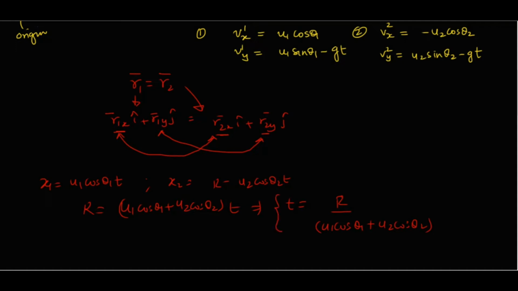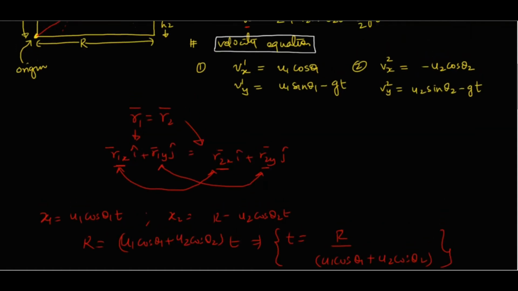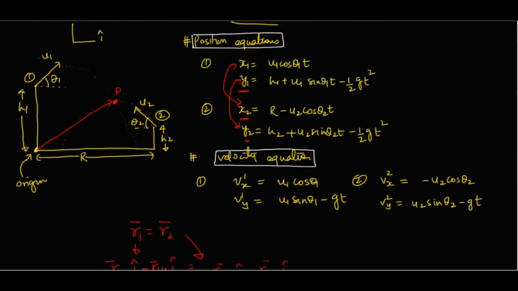Okay, similarly I'm going to equate y1 is equal to y2, and if you see this equation, equating these, this minus half g t square is going to be cancelled out from both sides, and again I'm going to transfer the right hand side to the left, and this u1 sine theta 1 t to the right.